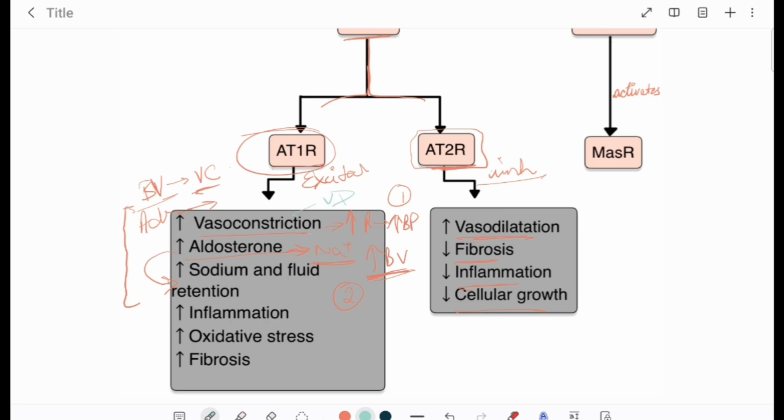Then there is a decrease in aldosterone, because of which there is a decrease in sodium retention and a decrease in blood volume. But for now, I'm not going deep into the inhibitors and the pharmacology part. Maybe I will make another video about it.